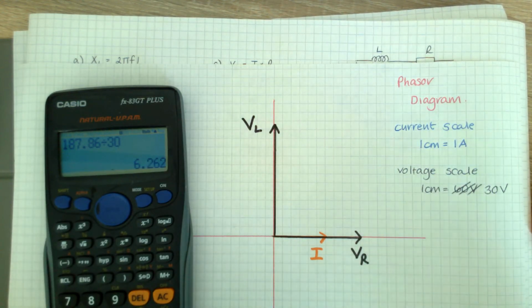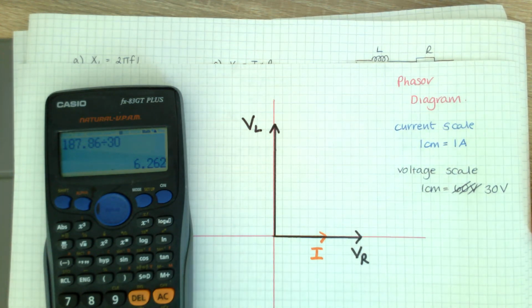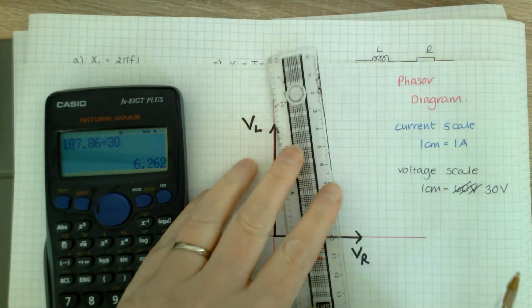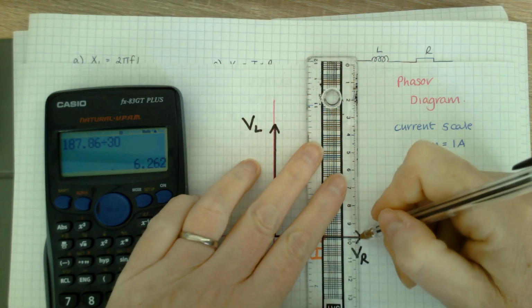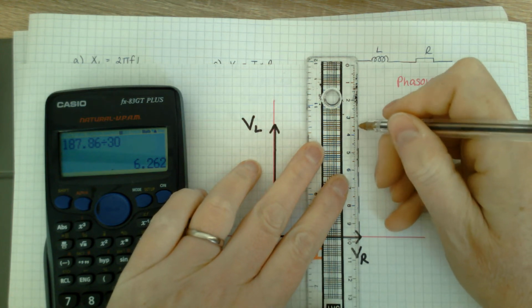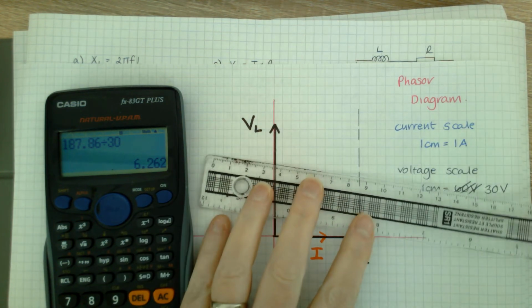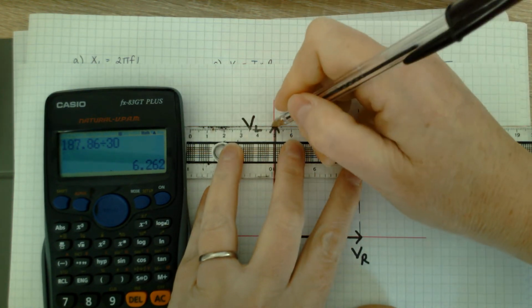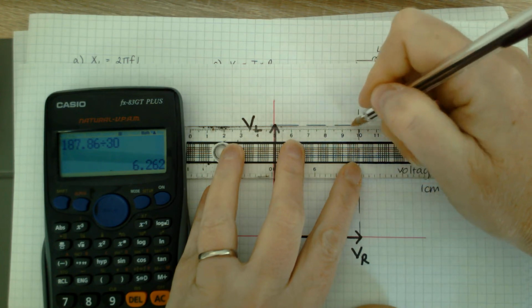And the same as I did in my impedance phasor diagram, I'm now going to sketch out from these two points. So I'm going to sketch up vertically from here, horizontally out from here.